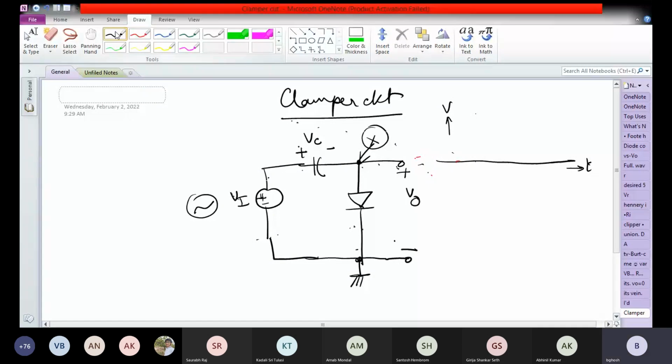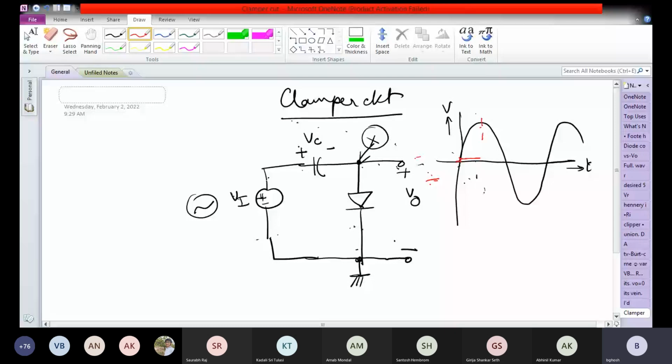So as the capacitor charges, the diode conducts, and assuming the diode cut-in voltage is 0, the voltage at point X will be held at 0.